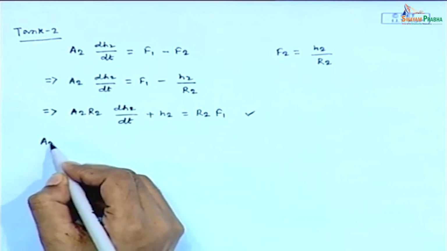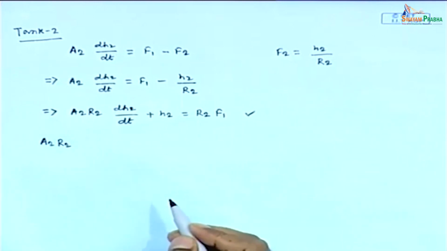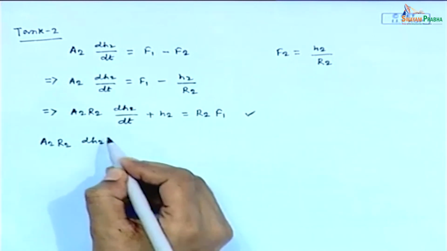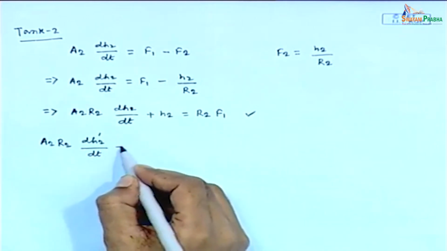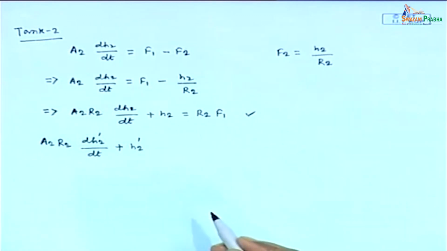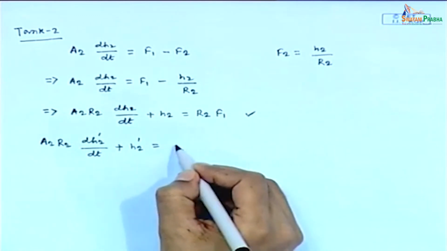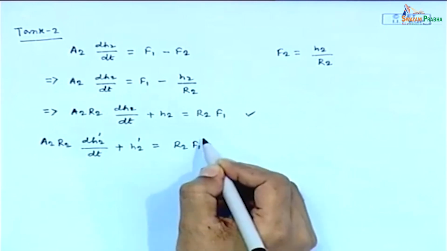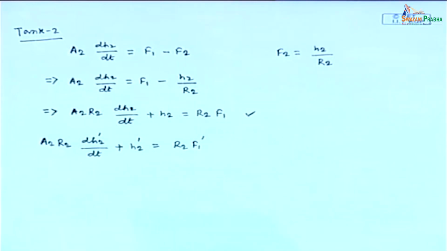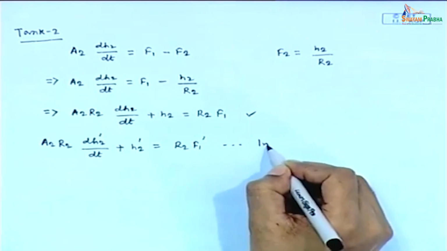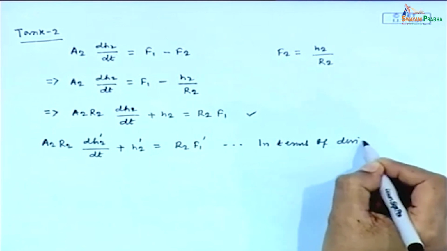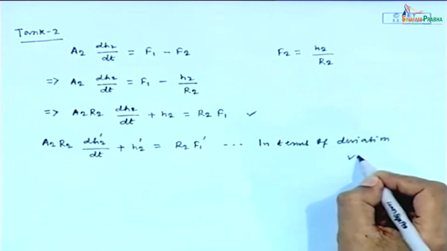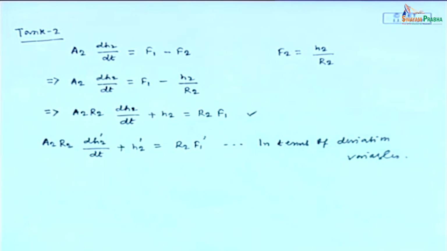Then we get A2 R2 dH2'/dt plus H2' equals R2 F1'.